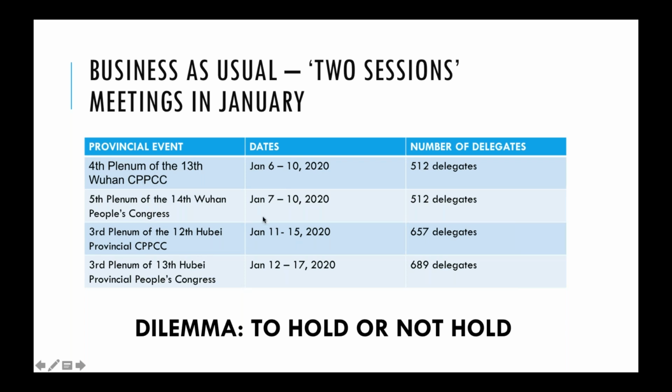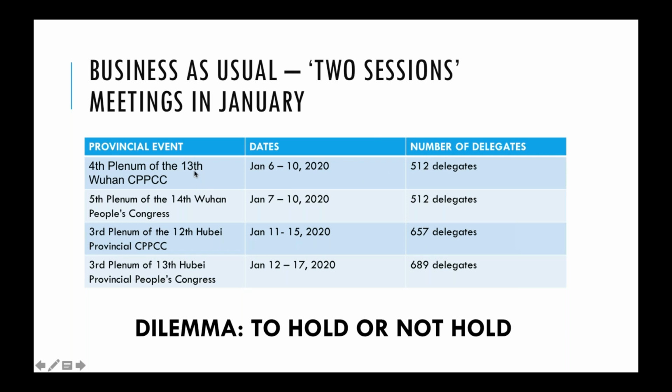And here you see a large number of delegates were gathering in big arenas on January 6 to 10. And I will make a point in a few minutes that the provincial and also the city level government were aware of some of the danger of this particular disease, but they still went ahead and conducted the events.